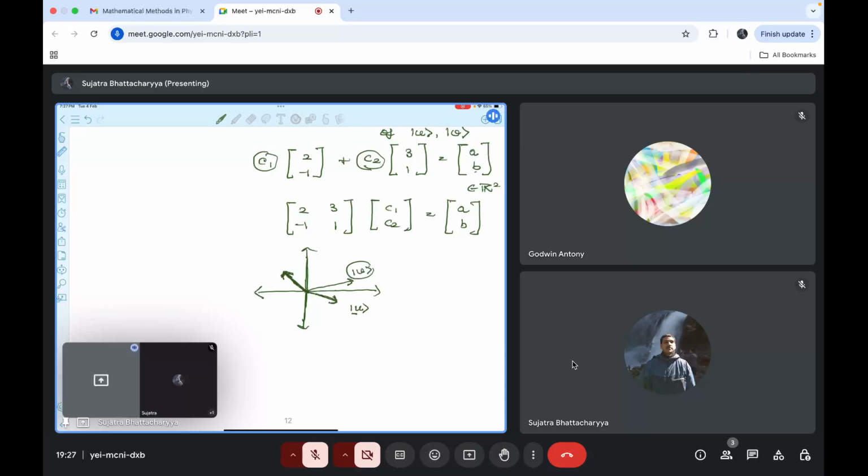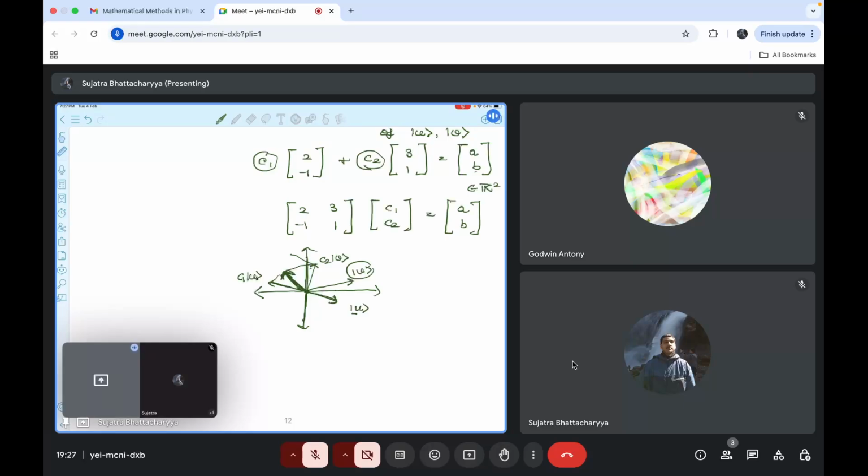Understood? This is what we are trying to do. If C1 is negative in some sense, we can do something like this. This is your C1 times U, and V can be written as something like this, some C2 times V. And finally, when we join these in some way, we get the result. This is what we are trying to see.